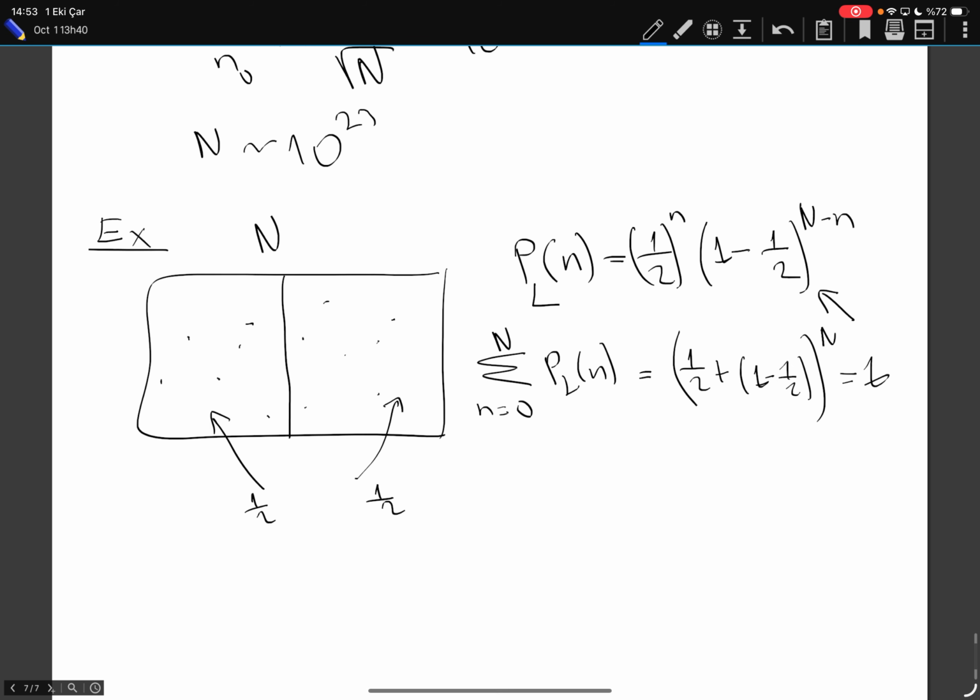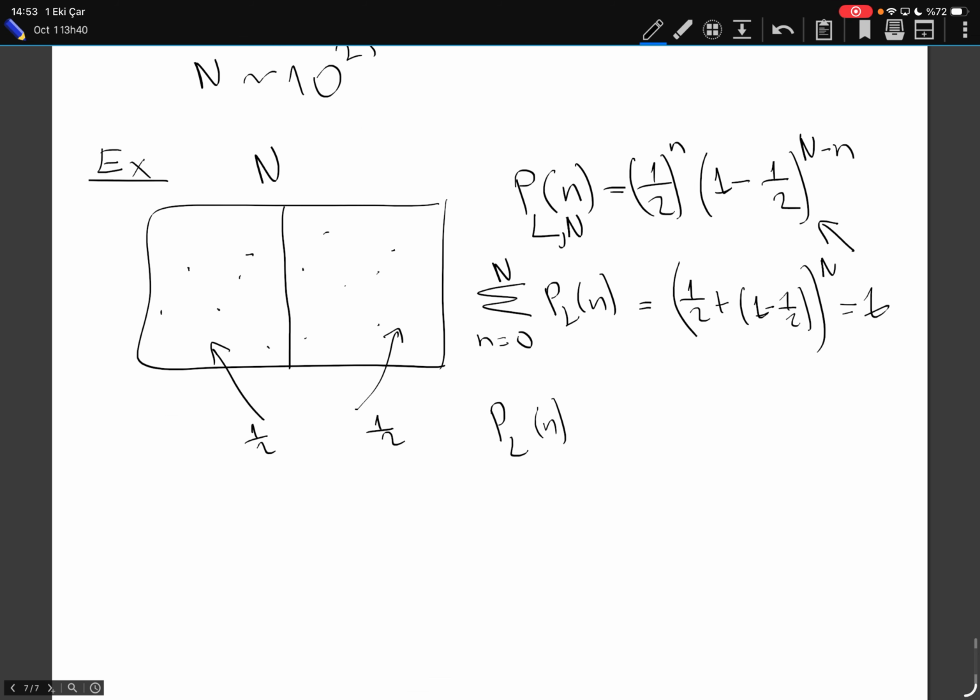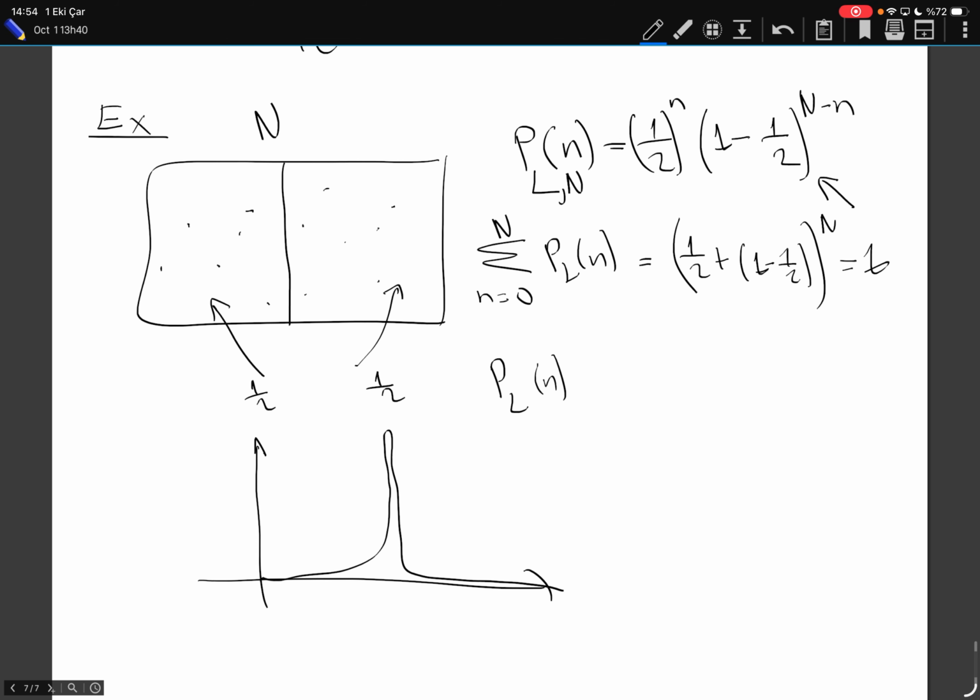But you see, if you plot P_L of n, n is the total number of particles, that probability distribution, even for capital N equal to something like 100, this is for 1/2.